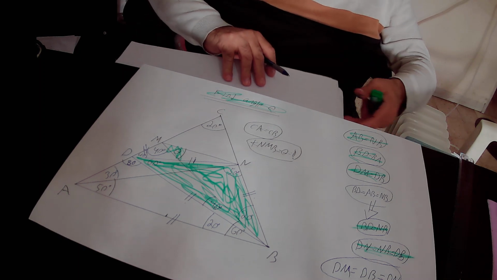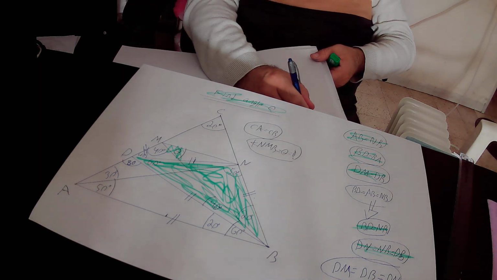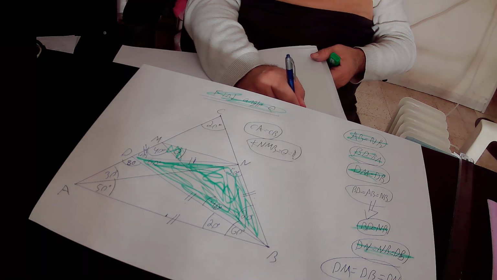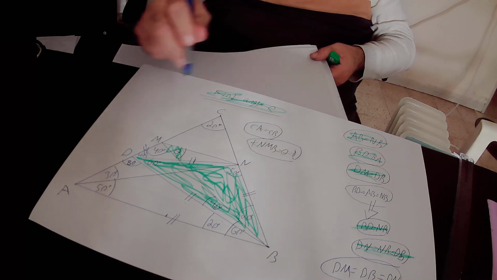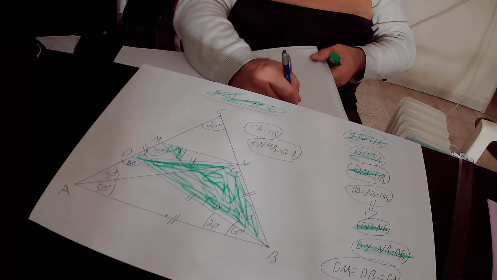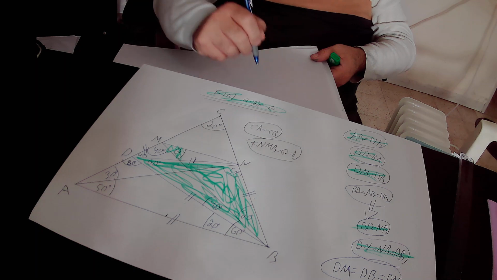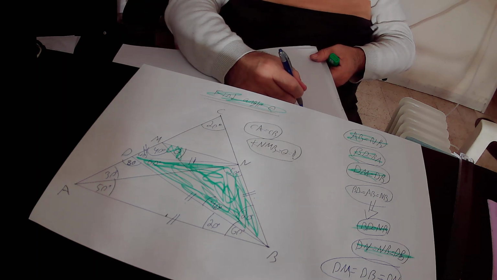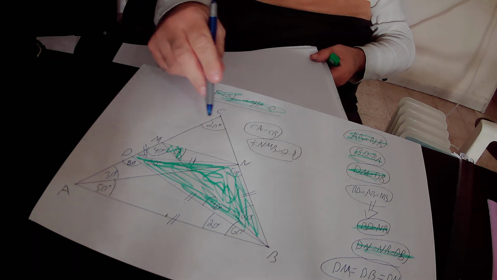So I write it down. The big angle, angle DMN, equal to 70 degrees, minus the small angle, angle DMB, equal to 40 degrees, must be equal to the missing angle theta, and the angle theta is also angle NMB.